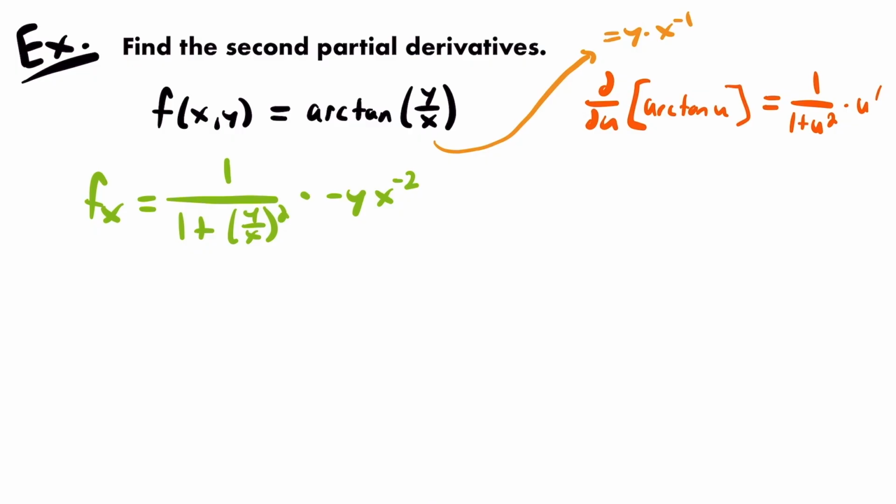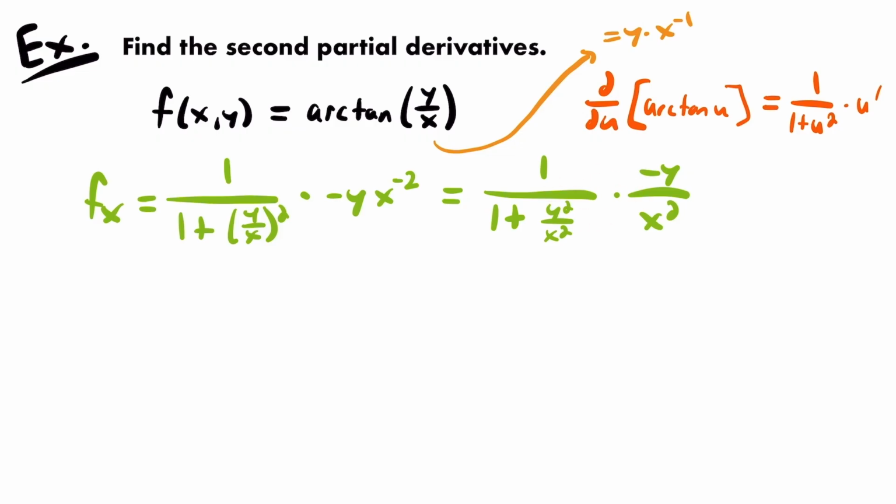All right, so then simplifying, this will be equal to 1 divided by 1 plus (y divided by x) squared. I am going to square each part, so we have y squared divided by x squared, and then we're multiplying by negative y divided by x squared. Okay, I just moved that x to the power of negative 2 to the denominator, making the power positive.